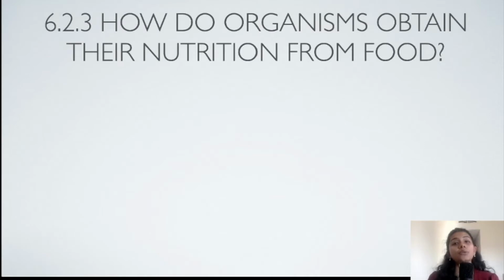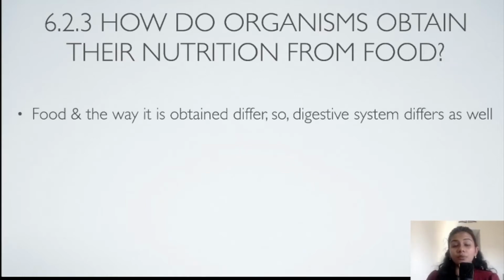How do all these organisms obtain the nutrition present in the food? That means, how does digestion take place in these organisms? We saw that food and the way it is obtained differ in different organisms. We just saw the three forms or strategies.